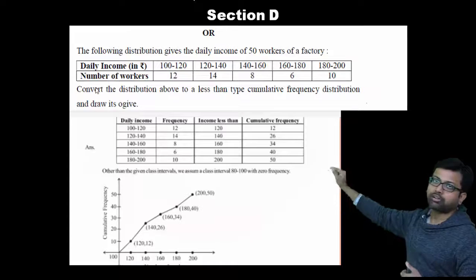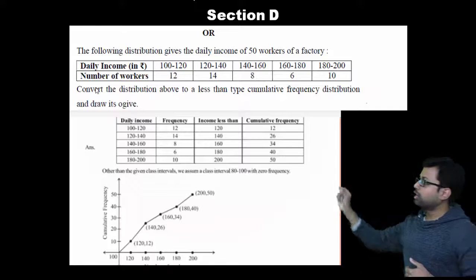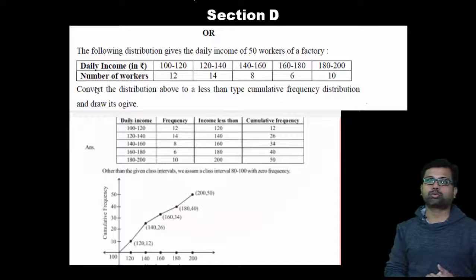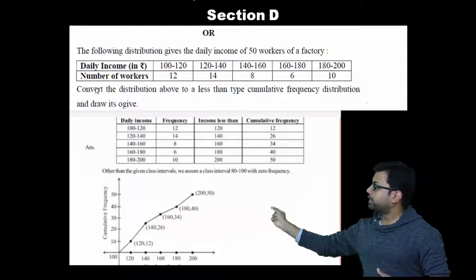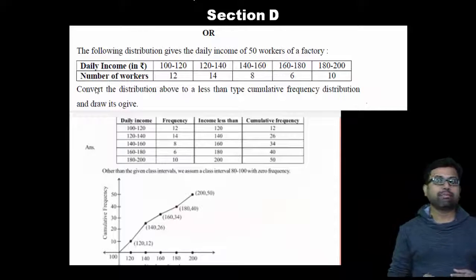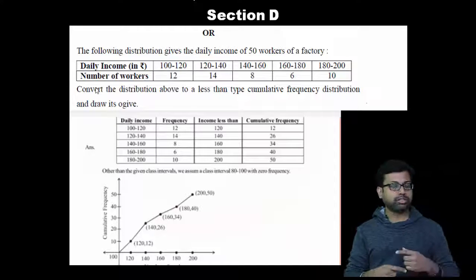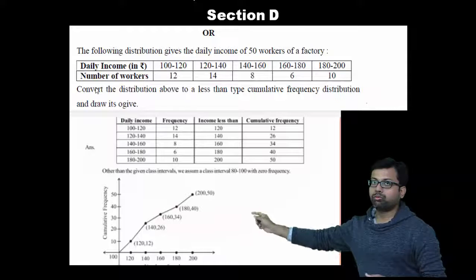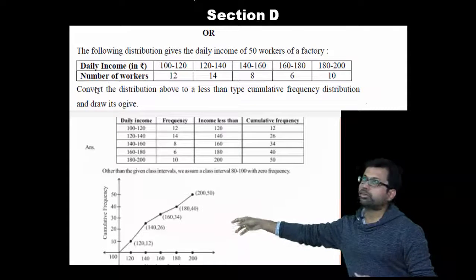With a free hand, you join all these points. You do not leave it just like that. This point that you see, 120, 12, you take it and join it to the origin. You have to imagine an imaginary class that you have to make, and the origin won't be the 0, 0 point, it will be 100, 0.